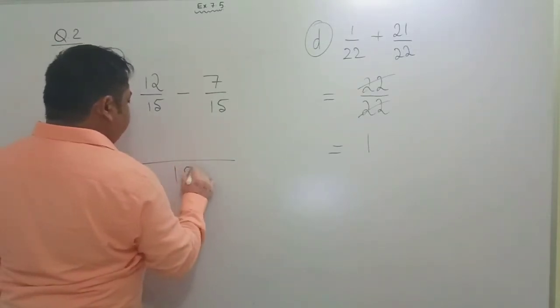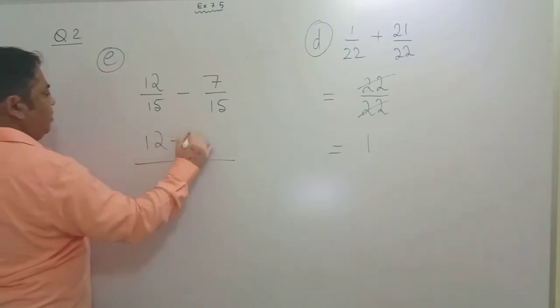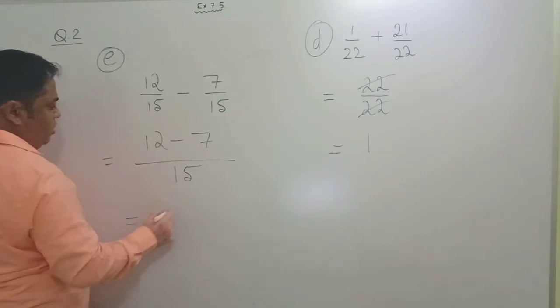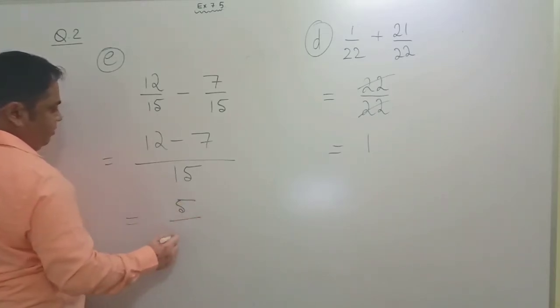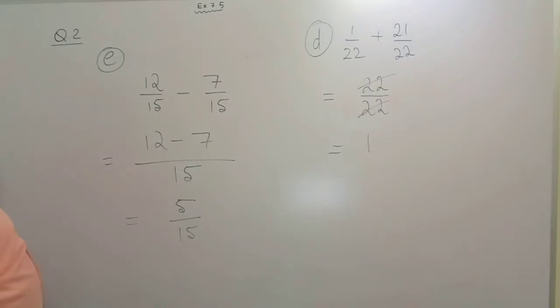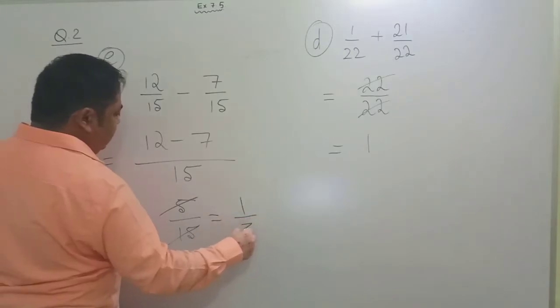The denominator is the same, so it will be 12 minus 7, equal to 5 by 15. So it can be simplified further. It will become 1 by 3.